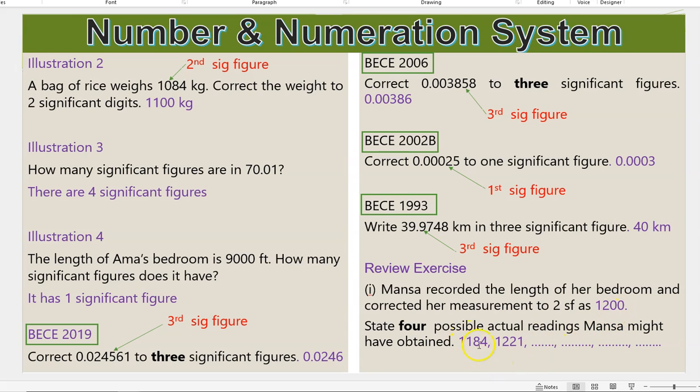So I've already given you 2 here, 1184. When we round this to 2 SF, we are going to get 1200. Here, when we round this 1221 to 2 SF, we will still get 1200. Why? Because 2 is not up to 5. And so you are not going to borrow. You leave it like that.